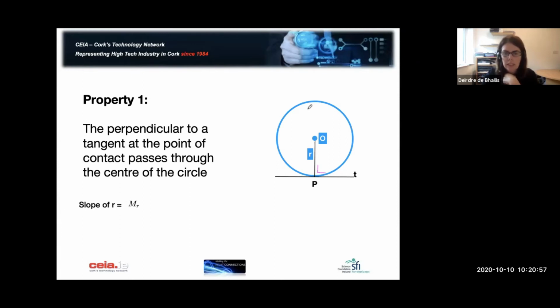What it tells us is the slope of the radius, if we call that mr, the slope of the tangent, we'll call that mt. So mr is perpendicular to mt, and that means the slope of one by the slope of the other, if you remember from the geometry of the line last week, is equal to -1. In practice, what does that mean?